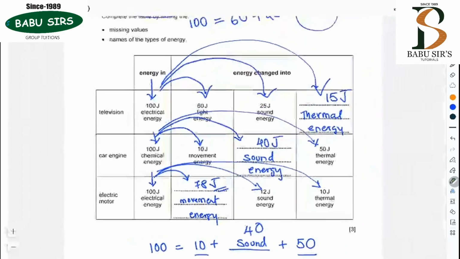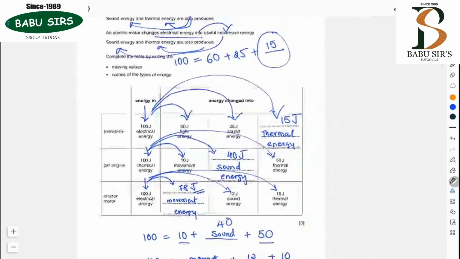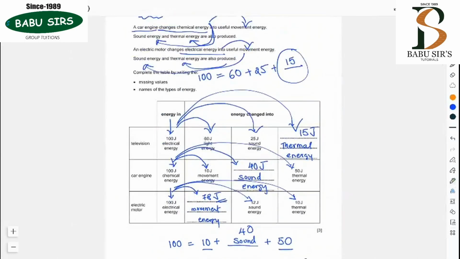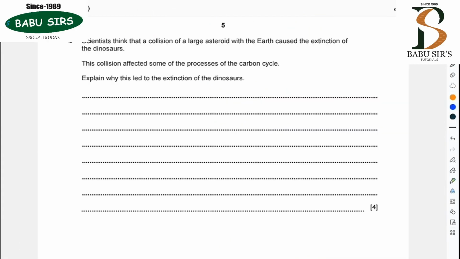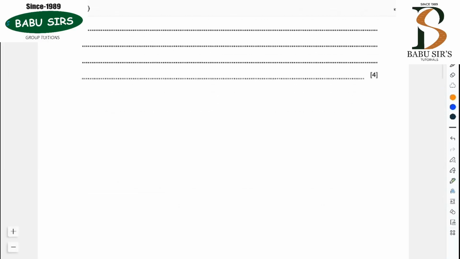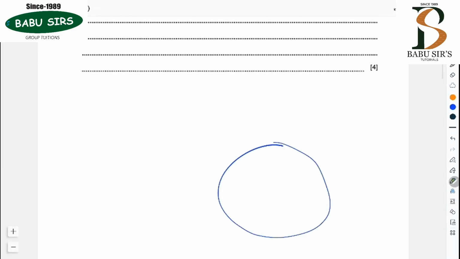So this theory explains that whatever energy comes in, the same energy will go out. Now question number 4. Scientists think that a collision of a large asteroid with the Earth, that means if this is the Earth, an asteroid must have come and collided with the Earth.